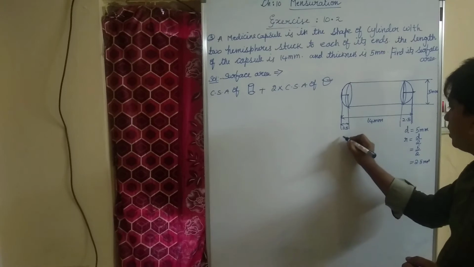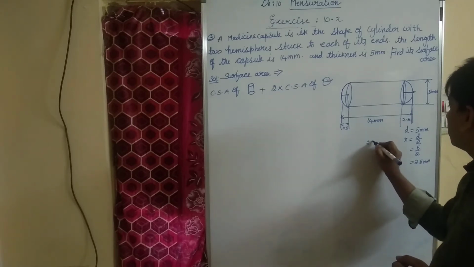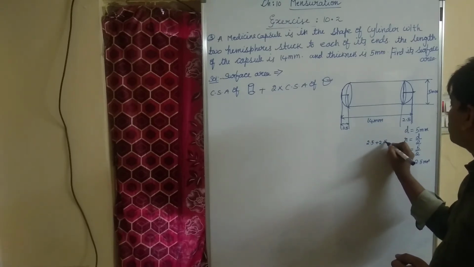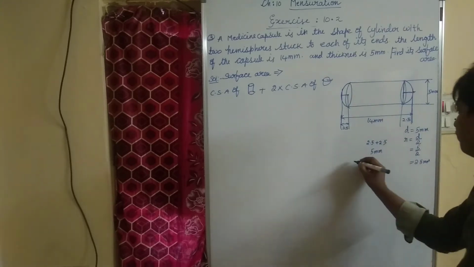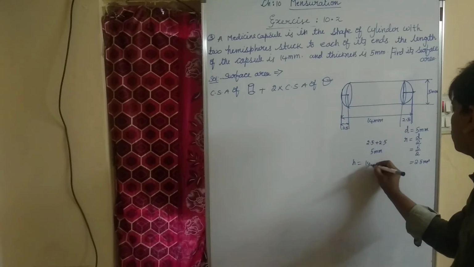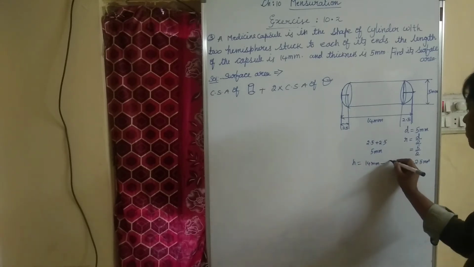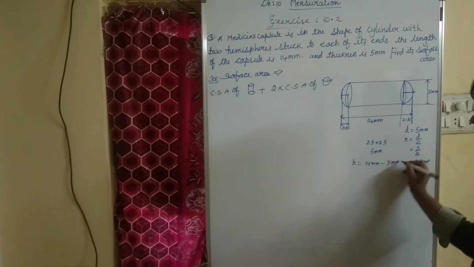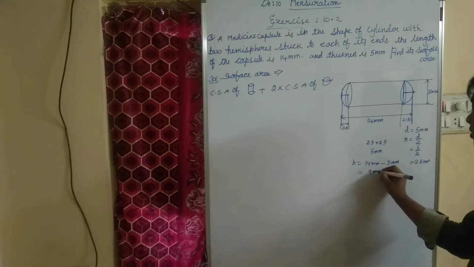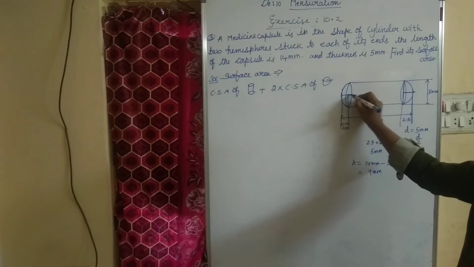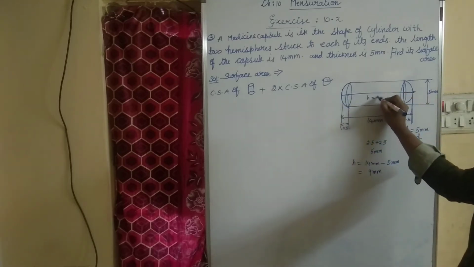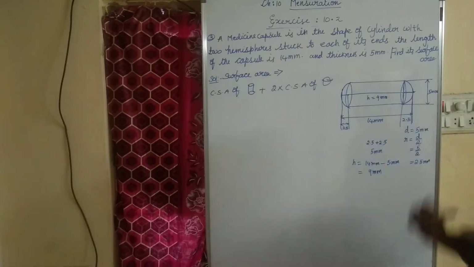So 2.5 plus 2.5 is equal to 5 millimeters. Therefore, from the total length of the medicine capsule, we have to remove 5 mm. So 14 minus 5 is equal to 9 mm. 9 mm is the height of the cylinder.